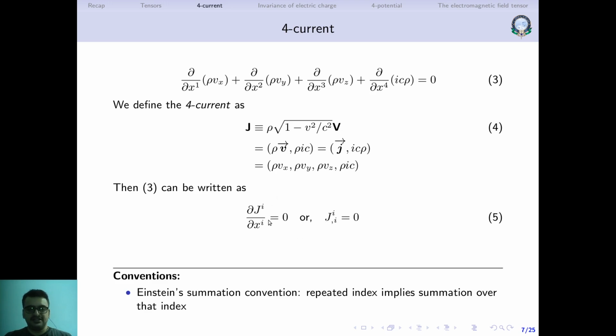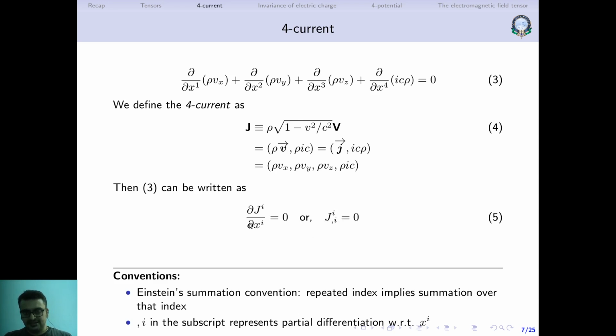So we are able to write this large equation in a simple way like this. And we can simplify this even further by using this notation. In the subscript, if I use a comma i, it means we are partially differentiating this quantity with respect to xi. So if I say Ji comma i, this basically means dou Ji by dou xi.